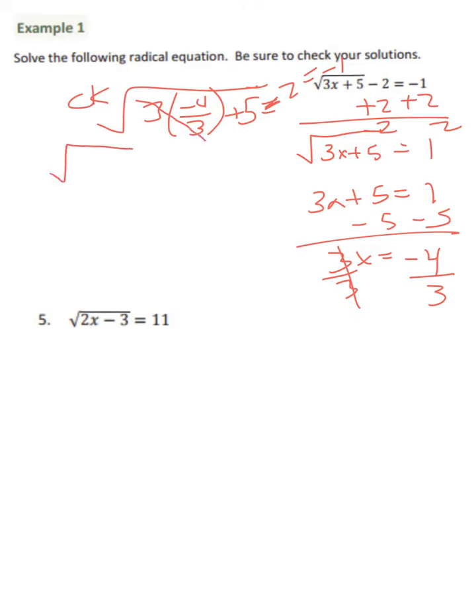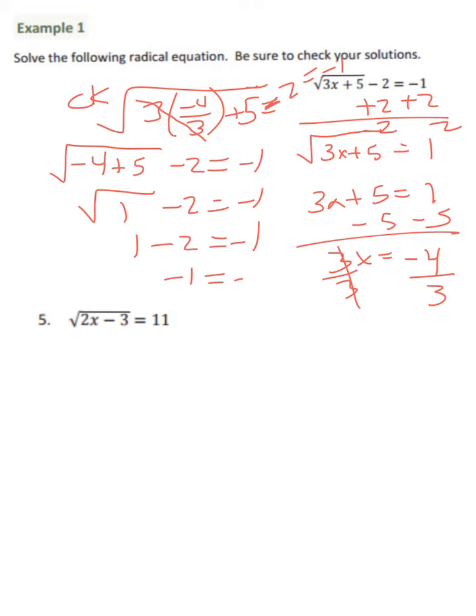So I've got the square root of -4 plus 5 under the radical, -2 on the outside. Does that equal -1? Well, this gives me the square root of 1, -2. Square root of 1 is 1. 1 minus 2, does that equal -1? And of course 1 minus 2 is -1. It does work, so bingo, that is our answer, -4/3.